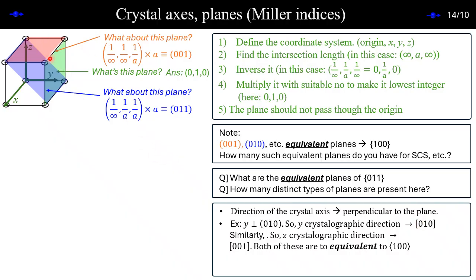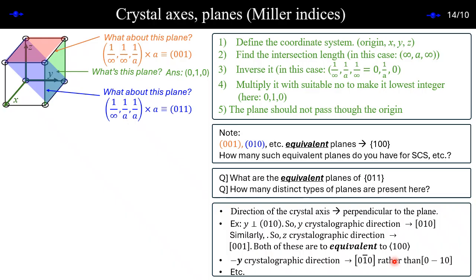So now if we have different equivalent planes, we'll have different equivalent directions. Here this is defined with this arrow. This is a definition. If it is a plane, it is shown with this curly bracket. If it is a direction, it is defined with this.